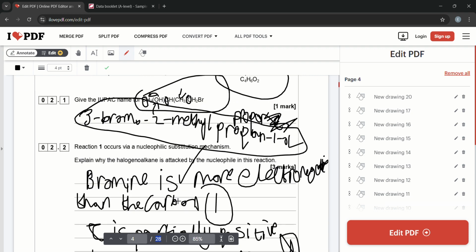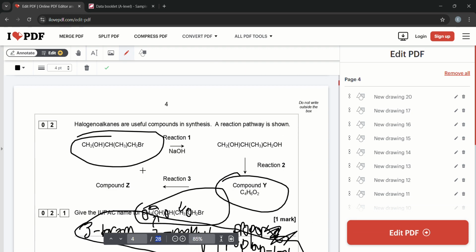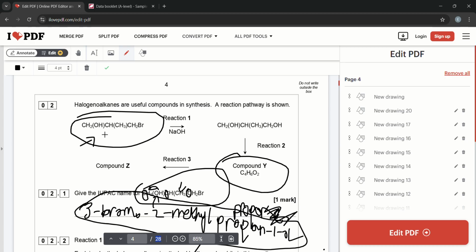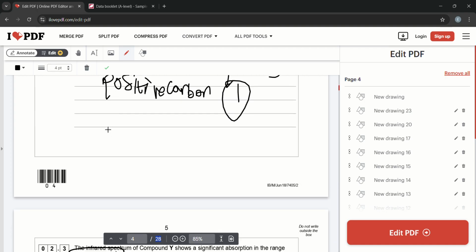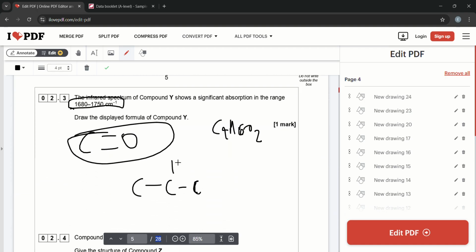Now if we draw it out, 3 carbons, we also know from this that there's a methyl group on the second carbon. So we're going to have CH3. Now because it's O2, we're going to have these times by 2.